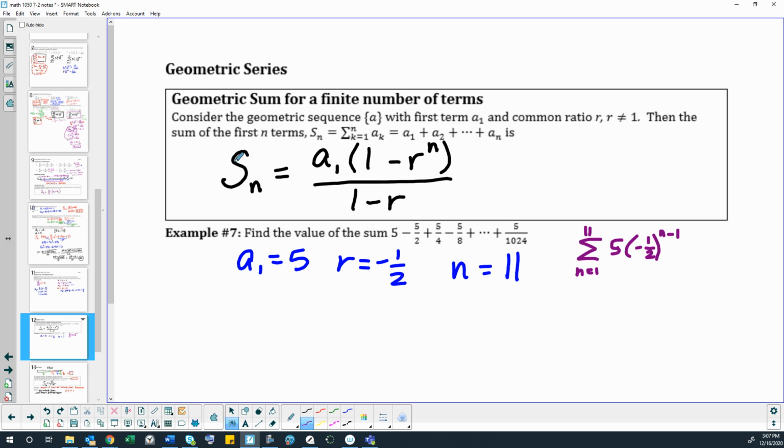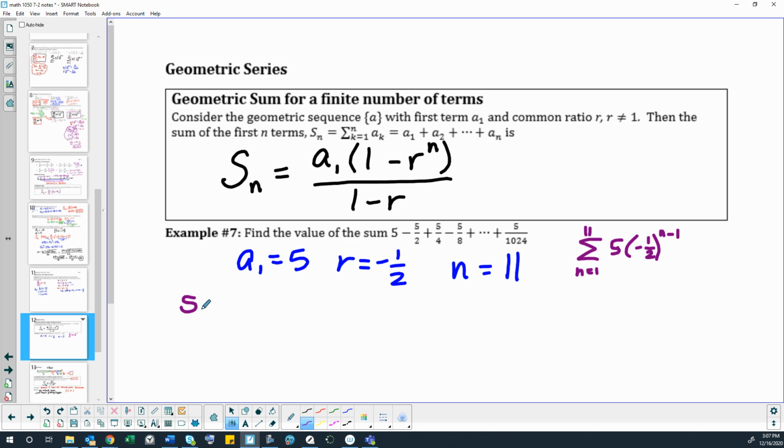Okay, so now this is our formula. The sum of n terms for a geometric sequence is equal to the first term times 1 minus the common ratio to the nth power, all over 1 minus the ratio. Let's go ahead and plug this into the formula and see what we get.